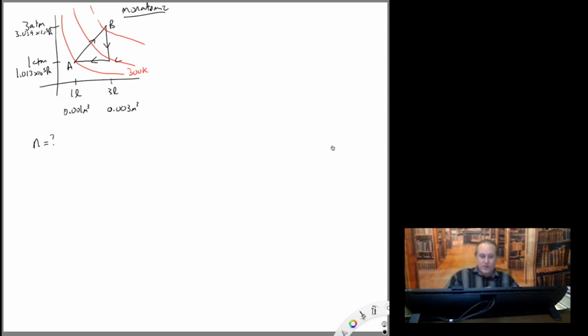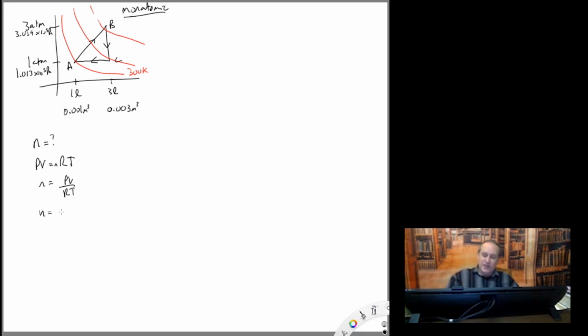Ideal gas law. Yeah, that's the only thing we can use. Anytime we don't know how to figure something out, it's going to be the ideal gas law. So that says PV equals nRT, so we can just rearrange that. N would be PV over RT.